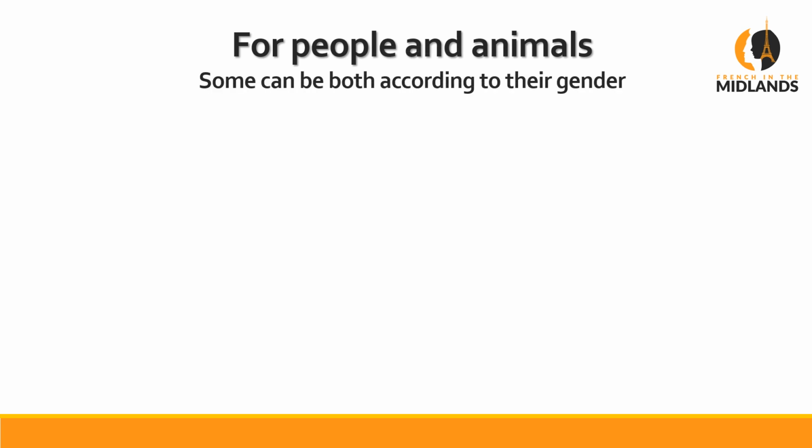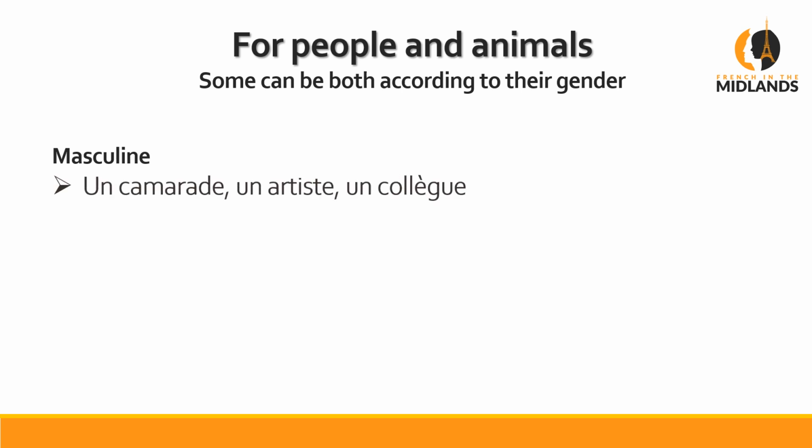Now sometimes words for people and animals don't change. All you do is change the masculine and the feminine, the un or the une. For instance, masculine, you could say un camarade, a friend. Un artiste, a male artist. Un collègue, a male colleague.